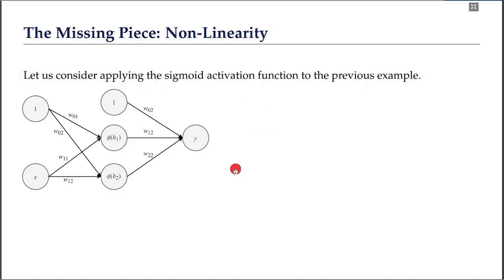Now this model can be written as y equals w02 plus phi of h1 times w12 plus phi of h2 times w22. But h1 is nothing but 1 times w01 plus x times w11, and h2 is nothing but 1 times w02 plus x times w12.